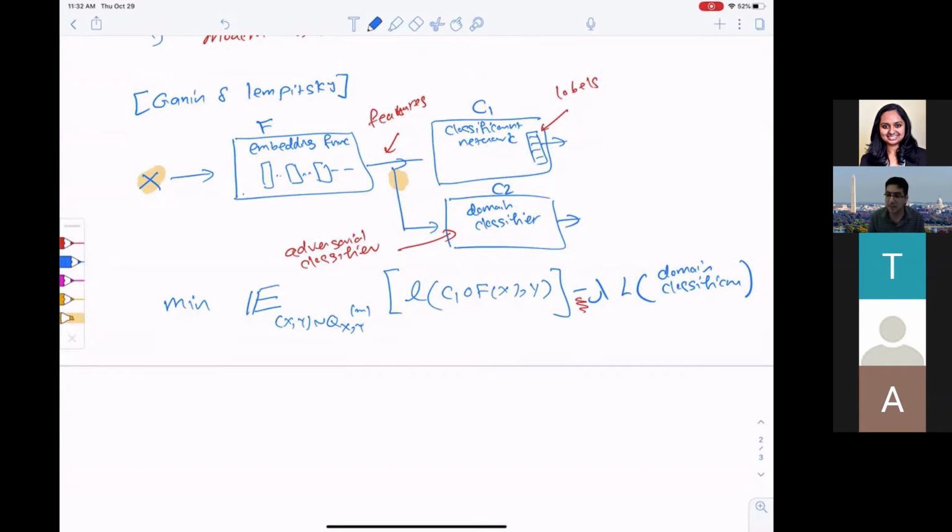Hopefully, if we converge to a good solution, the error here is going to be large, meaning that my domain classifier is not able to classify between source and target. And that, in a hand-wavy fashion, means that they are aligned to each other. Therefore, if I use my target samples here, then hopefully that will lead to a good target error as well.